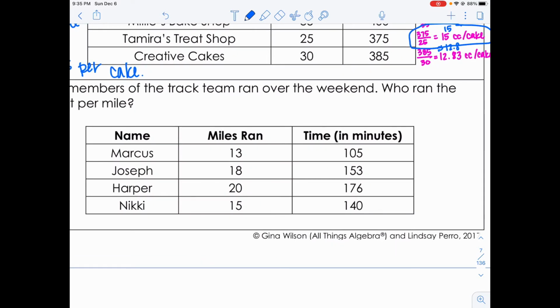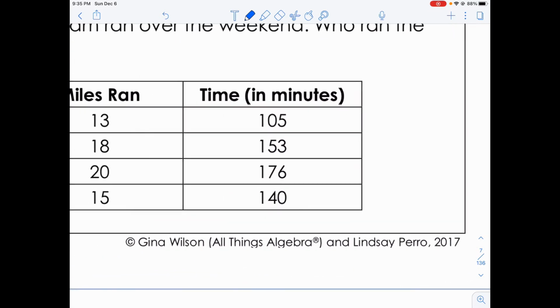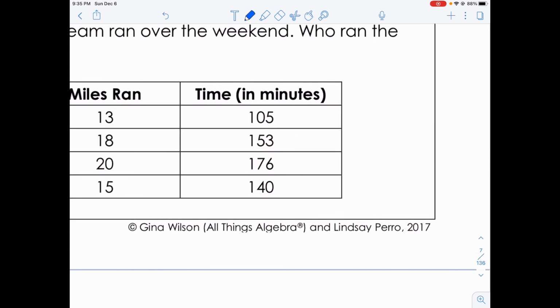Okay, now that you've had a chance to do it on your own, let's go ahead and do it together. So for Marcus, we're going to set up his rate, 105 over 13. When I divide it, I get 8 1/10 minutes per mile. For Joseph, I'm going to set up his rate.